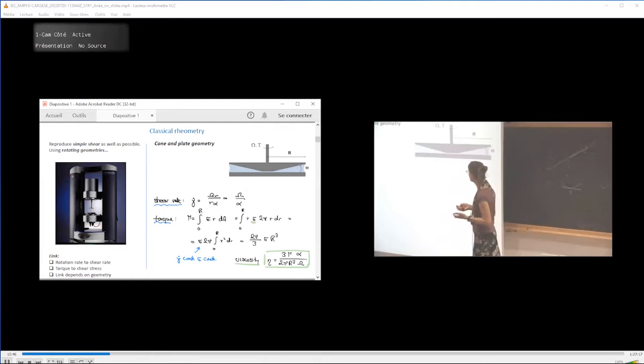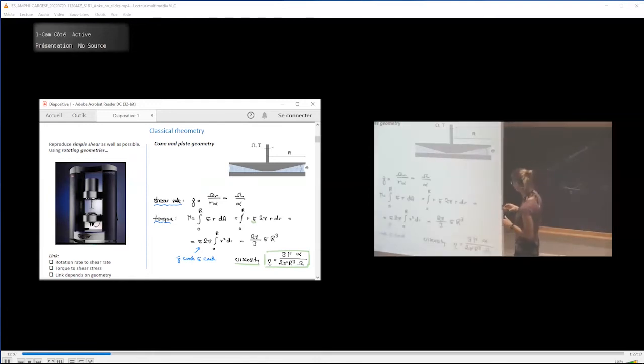I actually chose only one geometry, and we are very much aligned with Vlasis about which geometry we want to talk about, which is the cone plate. What is really great about the cone plate geometry is that the shear rate is indeed constant everywhere in the system, which means that you create this linear velocity profile.